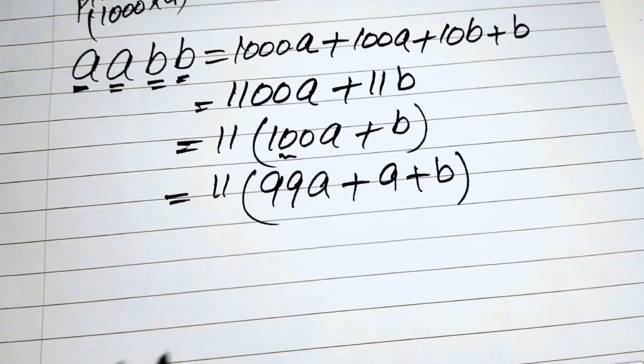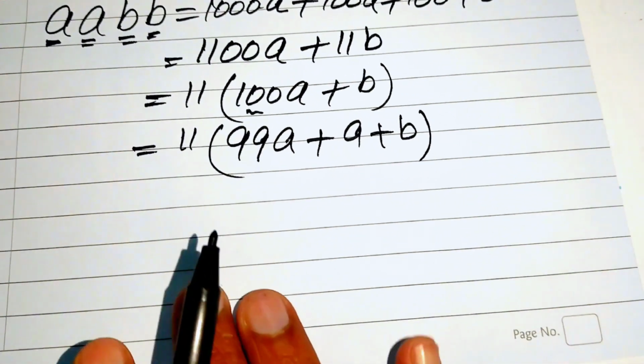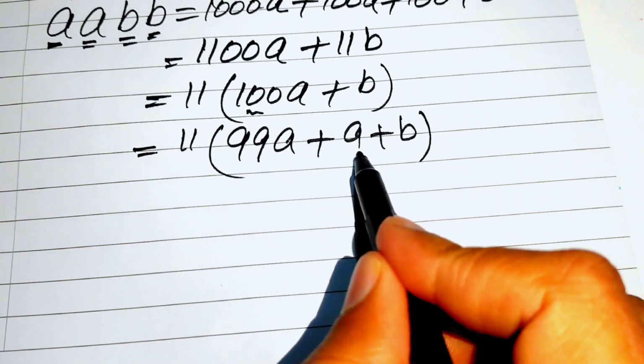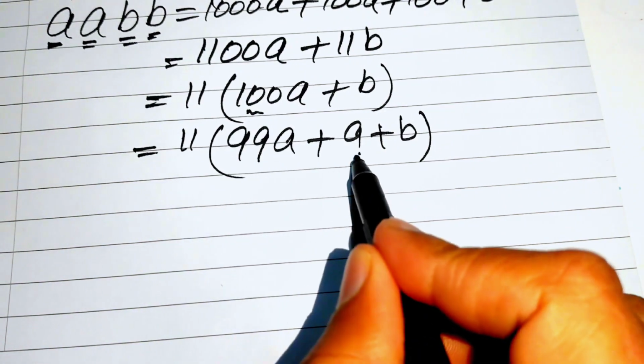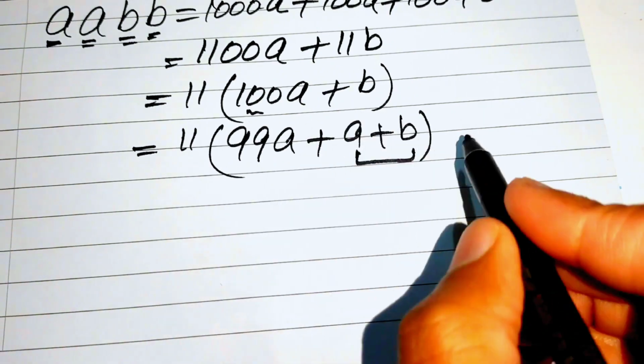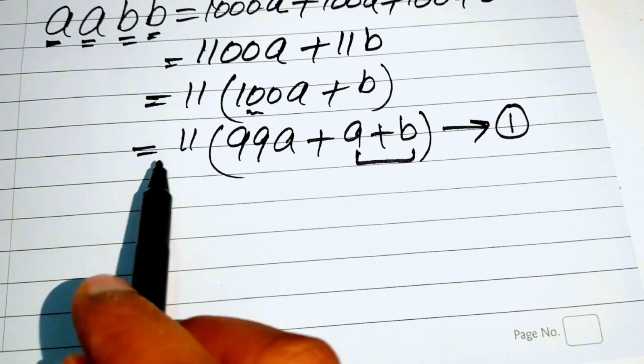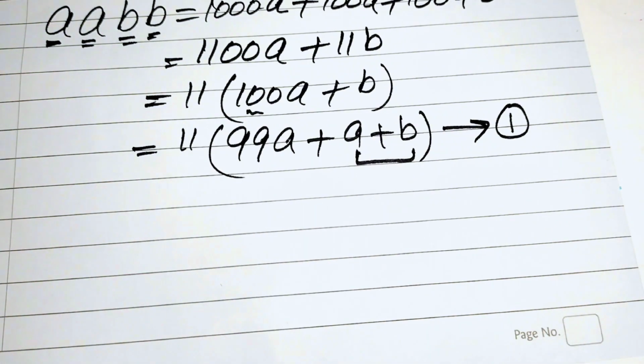Here A and B are integers, and in order to get a multiple of 11, it means that A plus B must be a multiple of 11. We call this equation number 1.